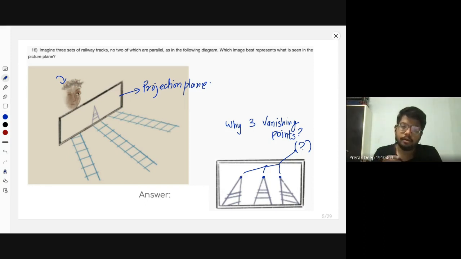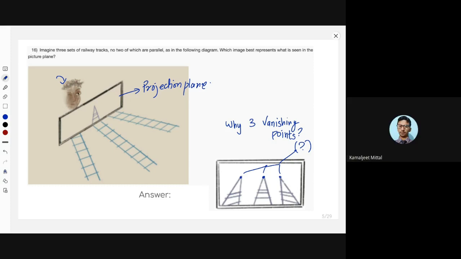Can anyone answer this? Yes, Kamalji: because these railway tracks are not parallel. Correct. So you are using the fact that parallel lines in the ground plane converge to the same vanishing point, correct?